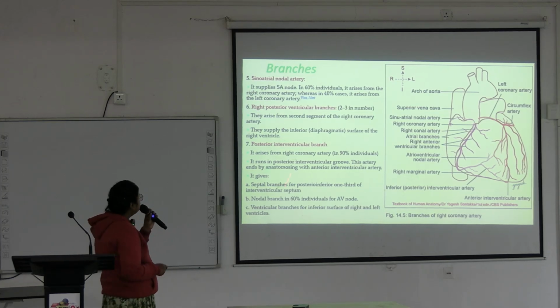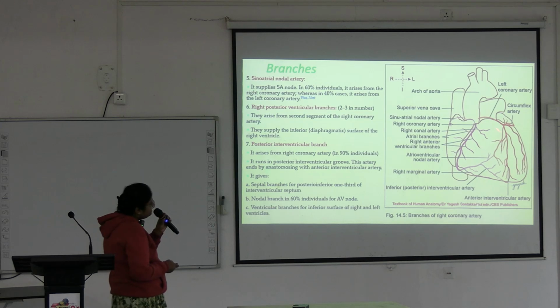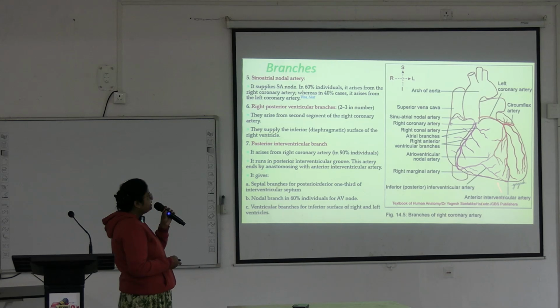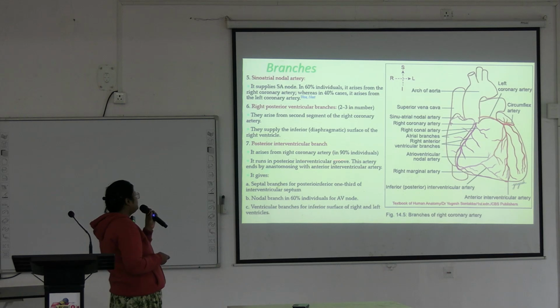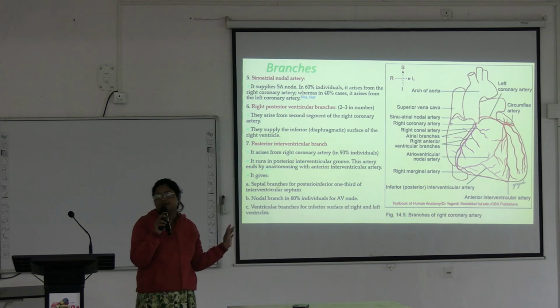Next is posterior interventricular branch. You have seen the anterior interventricular artery is a branch from the left coronary and the posterior interventricular branch is from the right coronary artery. It arises from the right coronary artery in 90% of individuals, and according to the origin of this posterior interventricular artery, there is coronary dominance.